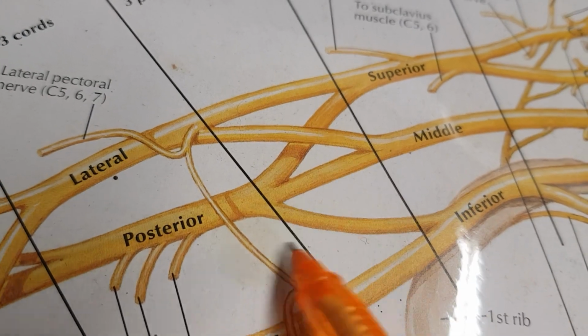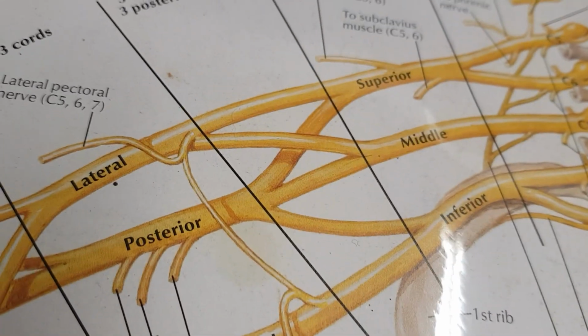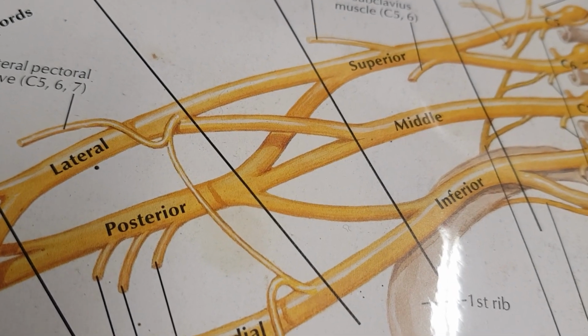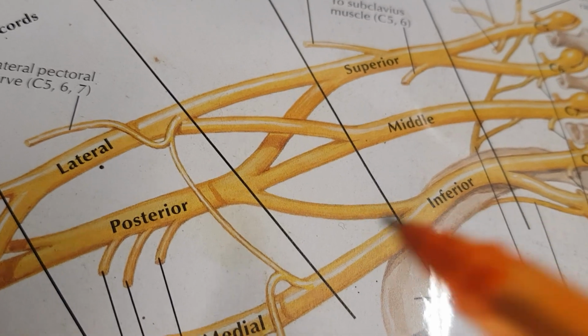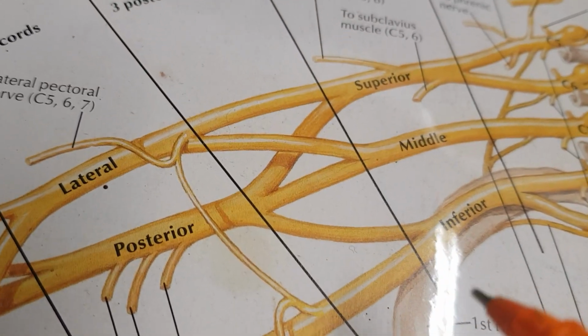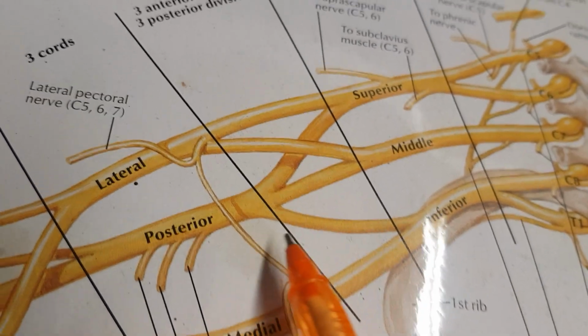Let's say, for instance, somebody was stabbed at the area of brachial plexus, and then maybe the brachial plexus was not badly damaged, the person got healed, but in healing he will develop a scar tissue.